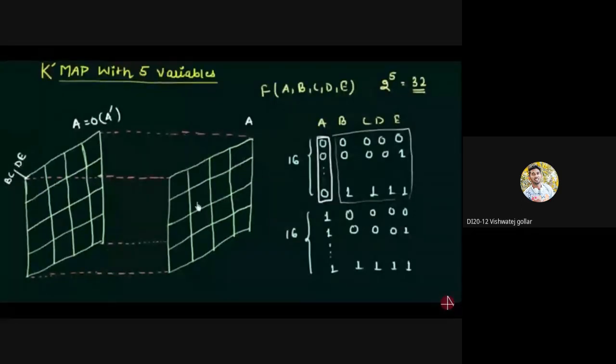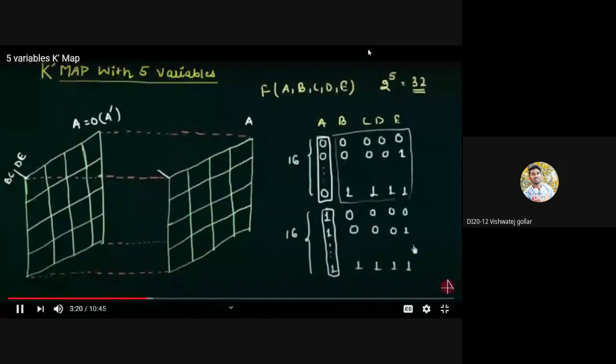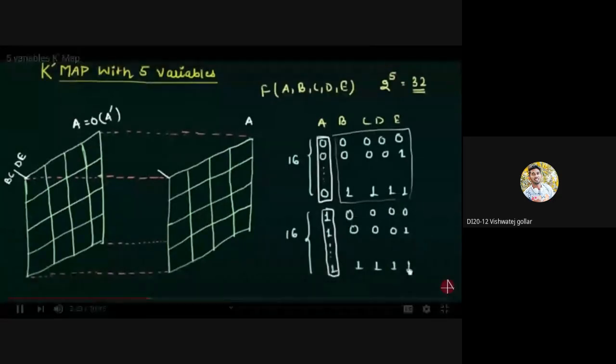Similarly, in this map, when A is 1, I can write down this combination. This is actually a 4-variable combination in a 4-variable K-map. So B, C, D, E. Okay, now this is a 5-variable K-map, and I explained how it is arranged. For the first map, A is 0 or A complement.